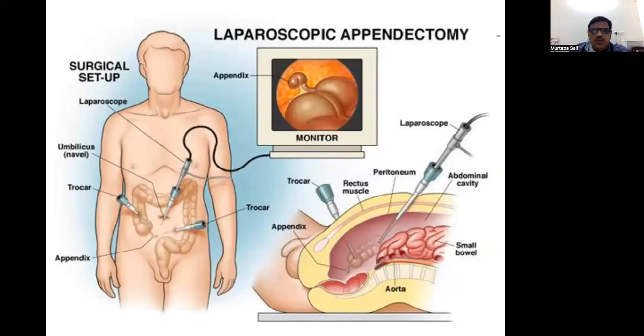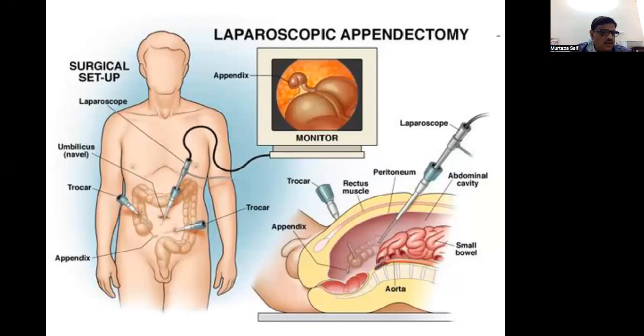This picture shows laparoscopic appendicectomy. We put 3 ports. The first port is in the infraumbilical region and 2 ports below the umbilicus around the rectus abdominis muscle.